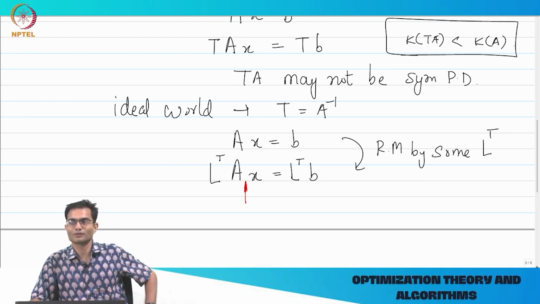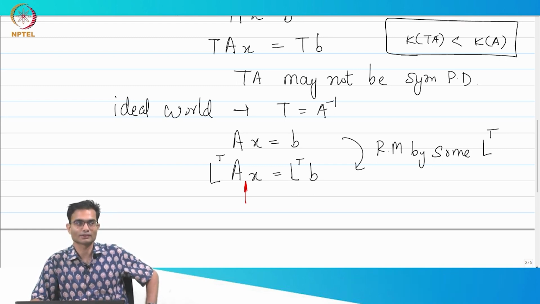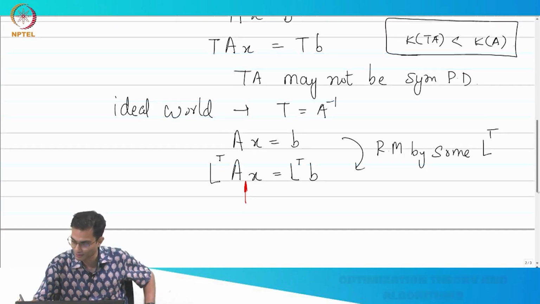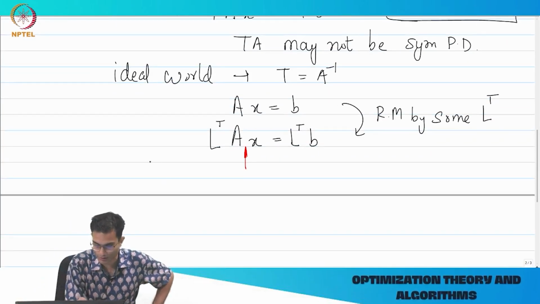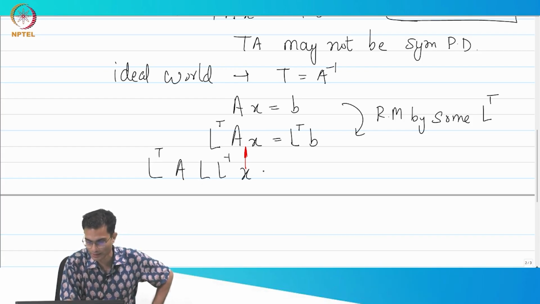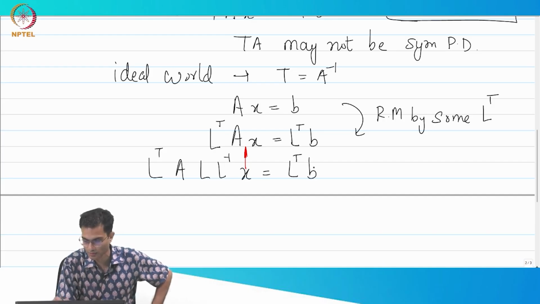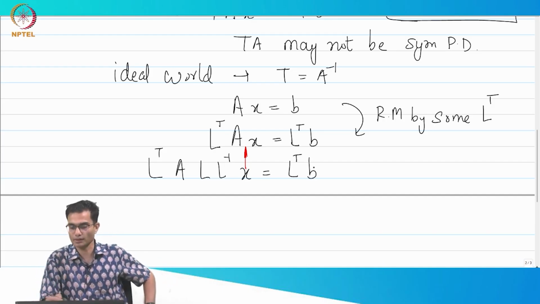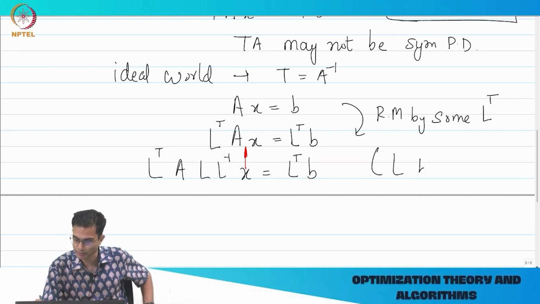What property of L was asked? Is L invertible? So what can I possibly insert here? L L inverse. So let's try that, right? So I'm going to get L transpose A L L inverse X is equal to L transpose B, right? So far no cheating, I just need L to be invertible.